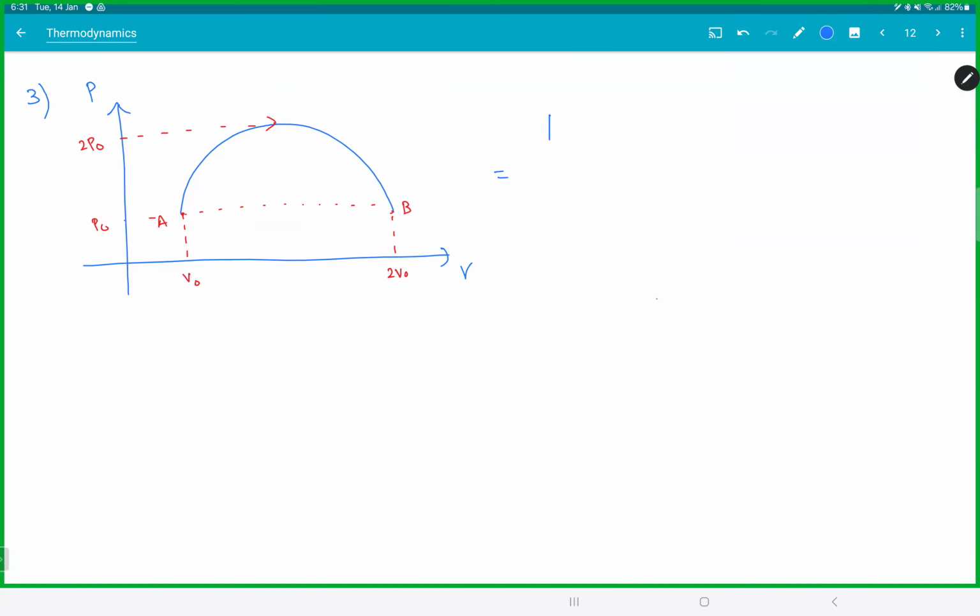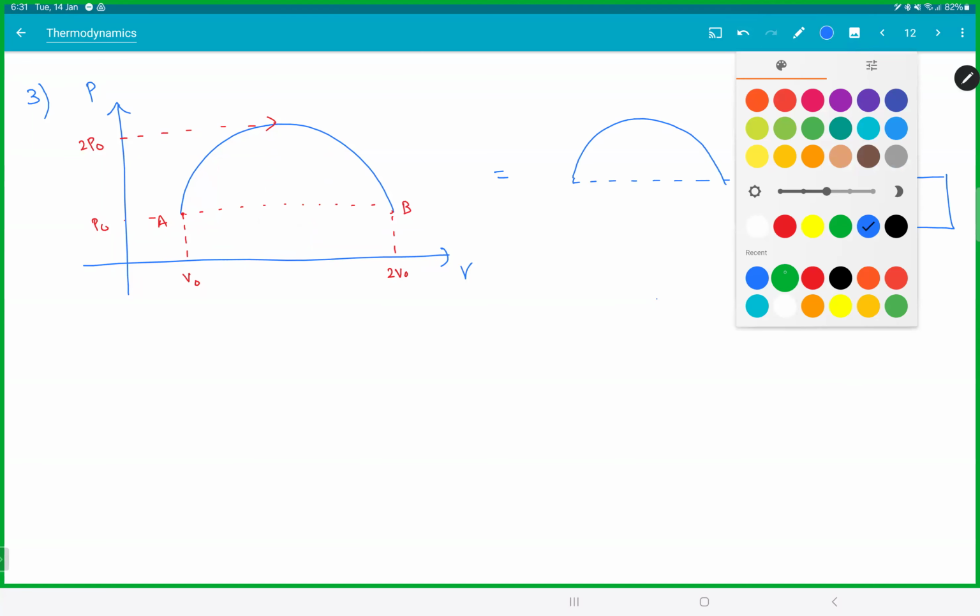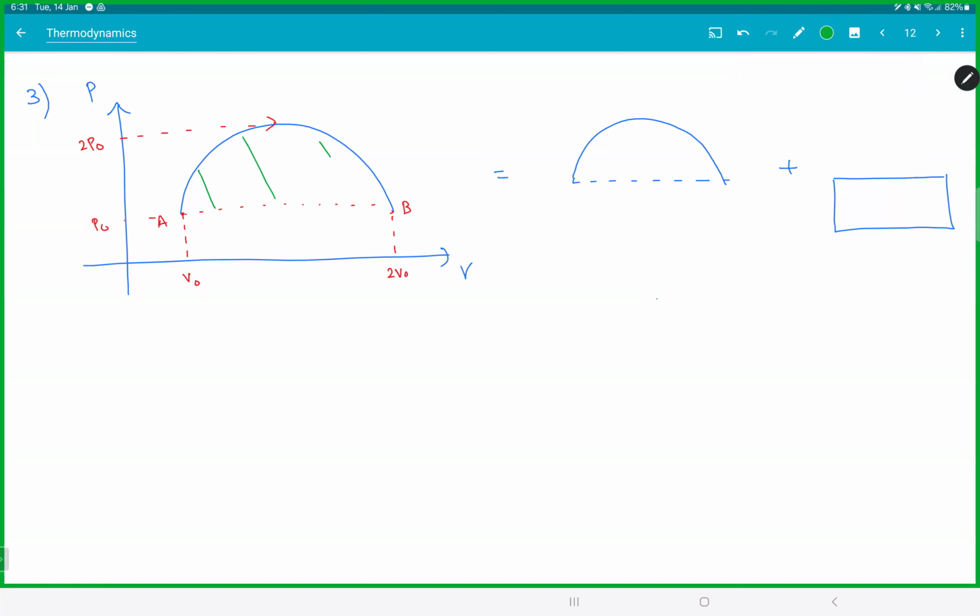I will split this like this: one half ellipse plus one rectangle. So I have to find this half ellipse and I have to find this rectangle. Make sense? That total area will give you the work done.